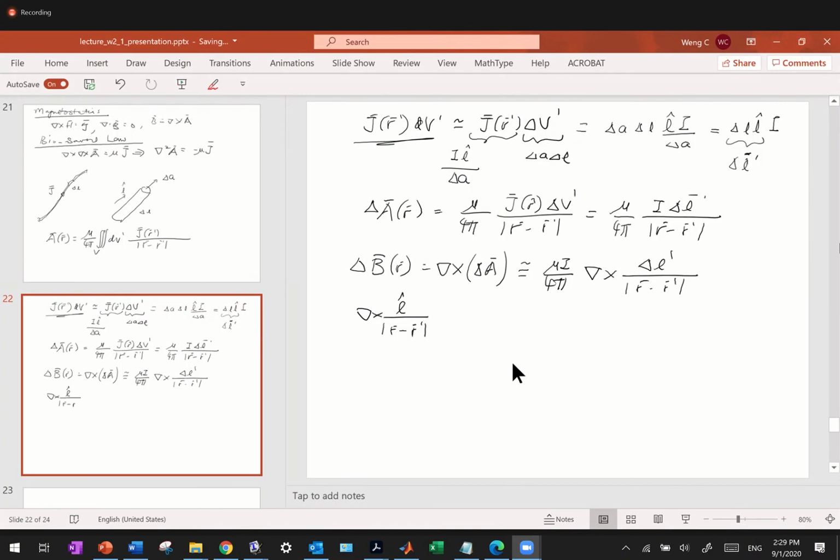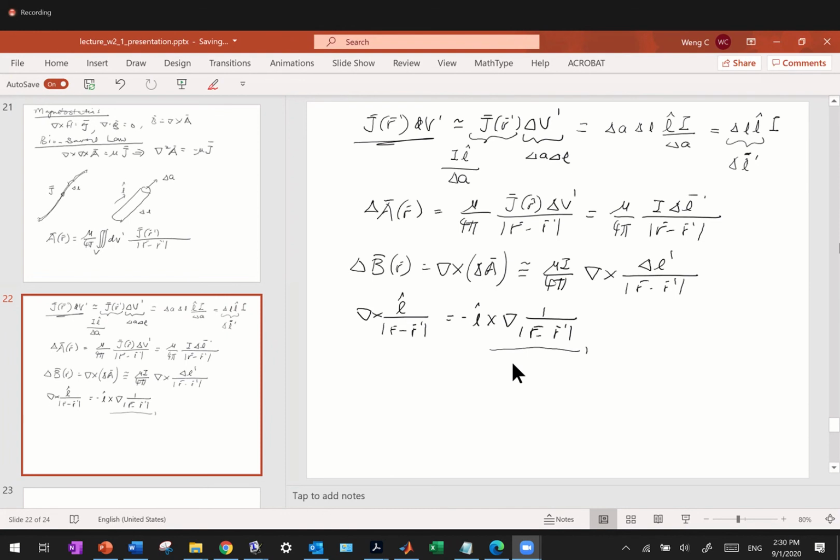Okay, L is a constant, so you have this, and then you will have this being equal to L cross curl of 1 over R minus R prime. Many of you might not be familiar with how to take the curl of this complicated function.